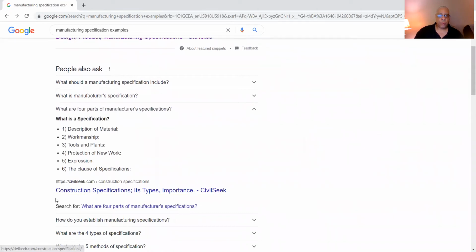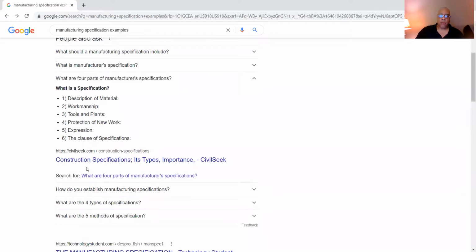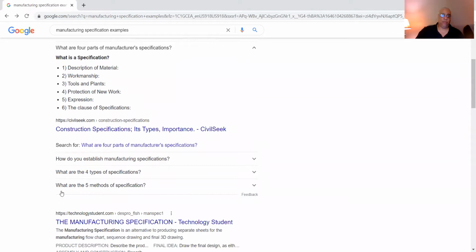Now, again, what are 4 parts of manufacturer's specifications? Well, they give you 6 right here: description of the material, workmanship, tools and plants, protection of new work, expression, and a clause of specifications.